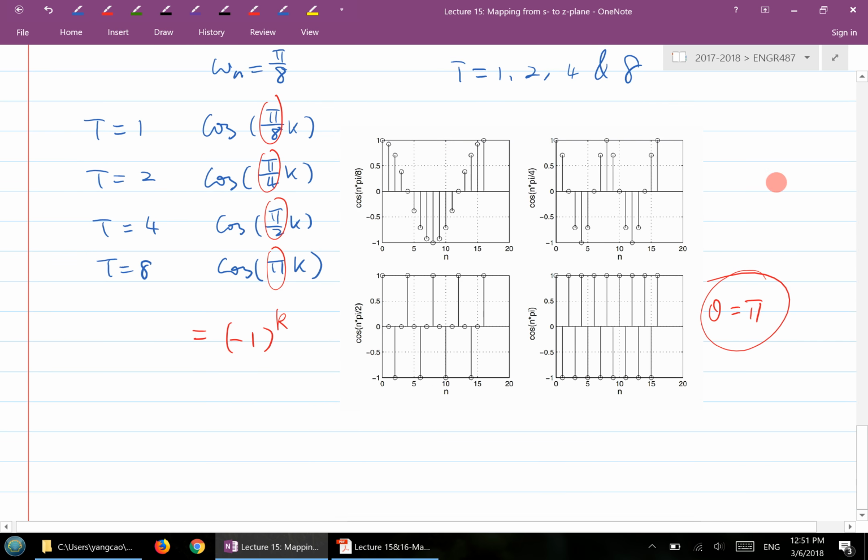So basically, the point here is theta equal to pi, or positive negative pi. So theta equal to positive negative pi. This is the highest frequency of oscillation.